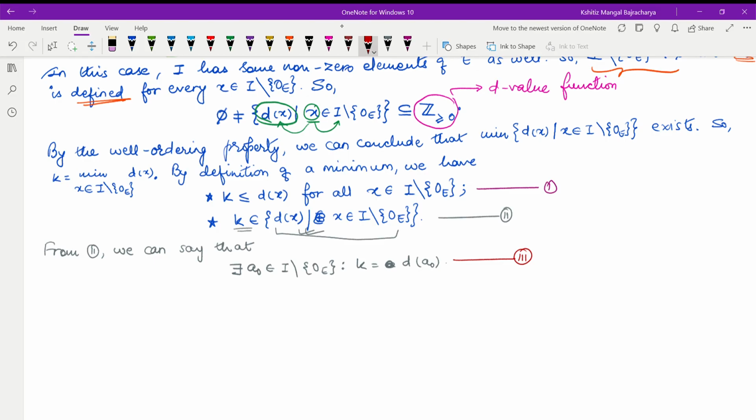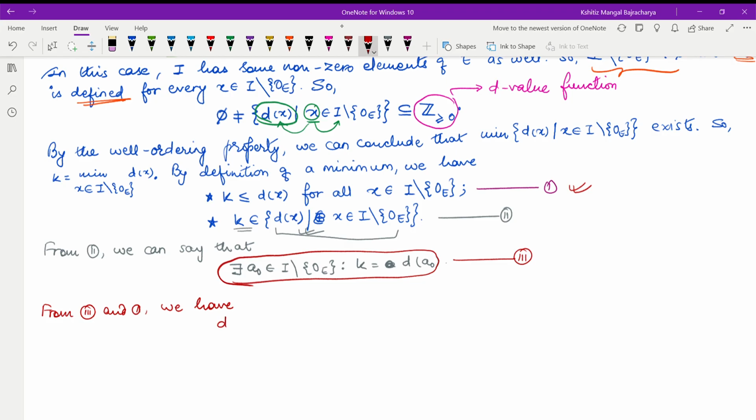Now from 3 and 1, we have d of a0 to be less than or equal to dx for all x belonging to the set of non-zero elements of the ideal I. Let's call this statement 4.